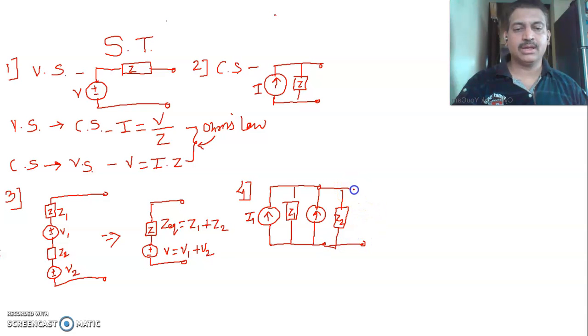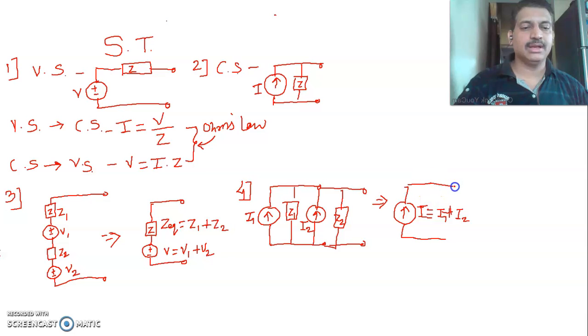Now just check here, current source I1 and current source I2 are both parallel connected. So at this point you have to apply KCL. This point is the meeting point of I1 and I2, which gives me its equivalent current, the orientation would definitely be upward, as I is equal to I1 plus I2.